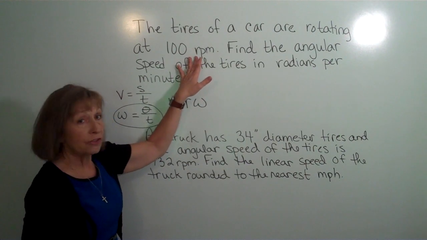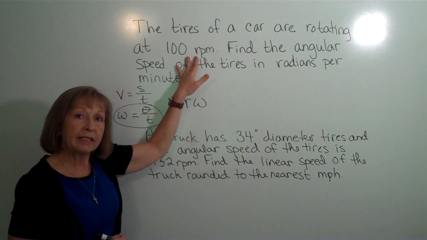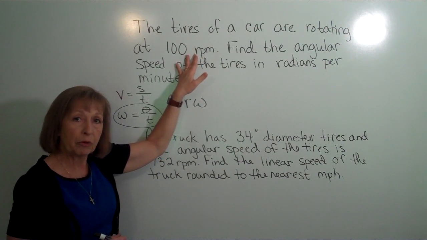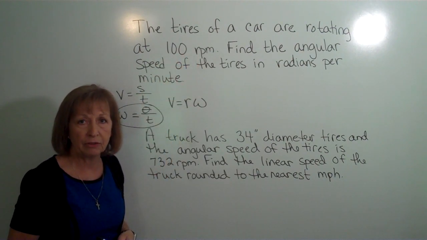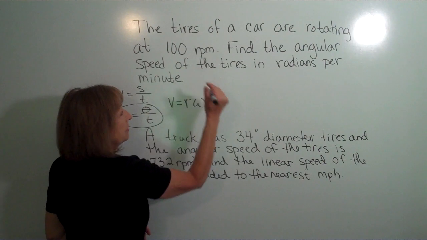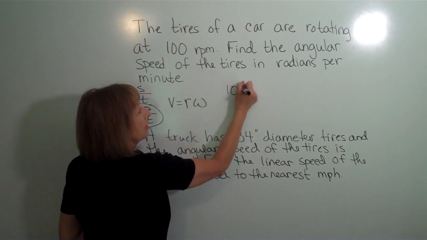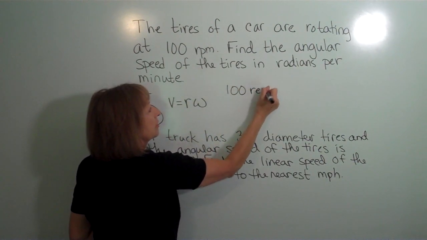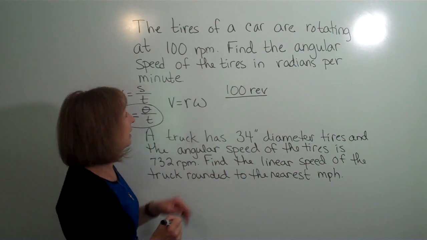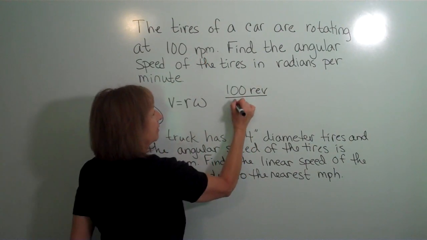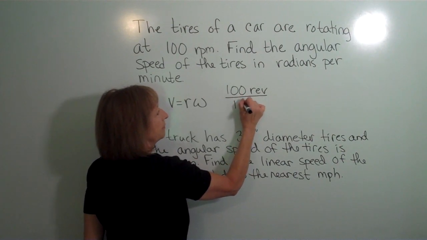Now I have to start that they're traveling at 100 revolutions per minute. So I want to set that up as the fraction to get ready to do my unit conversion. So this is 100 revolutions per, remember per is where your fraction bar goes, per every 1 minute.